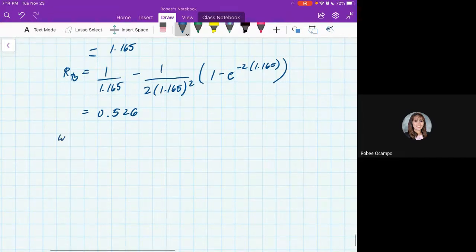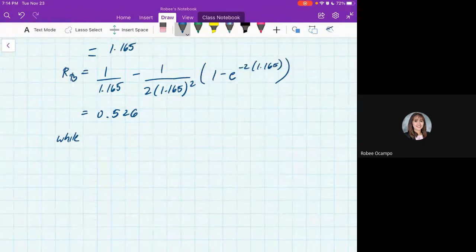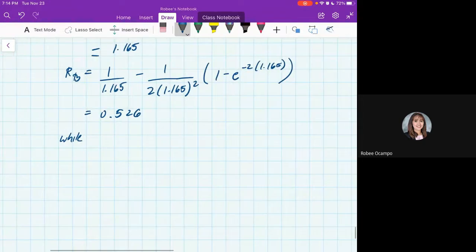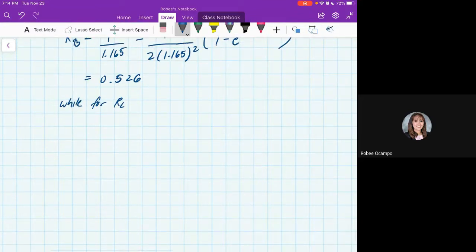Now while for RL, again, our RL is 1 over nu minus 1 over 2 nu squared times 1 minus e raised to negative 2 times nu, also for nu greater than 0.